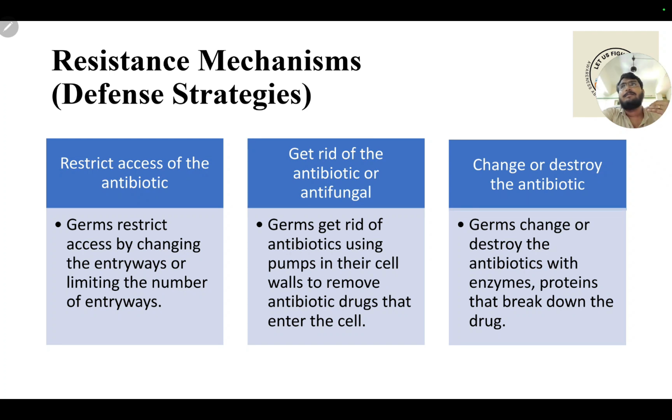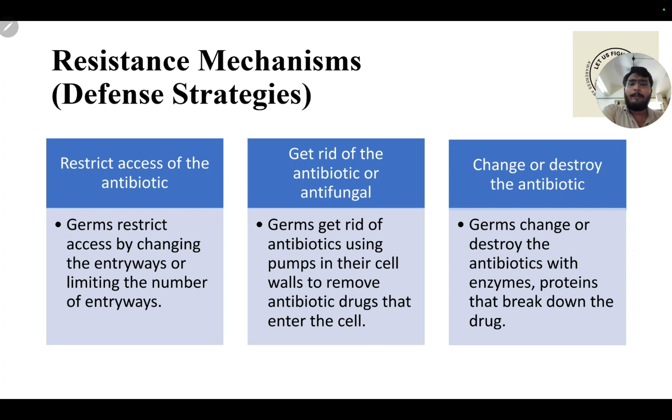If it is restricted at the entry point itself, then there is no question of it acting on the target. So restricting access to the antibiotic is the first and the most popular mechanism by which microorganisms exhibit resistance.